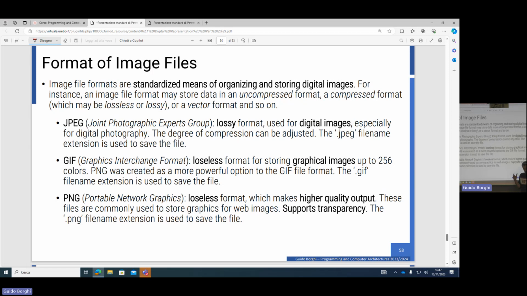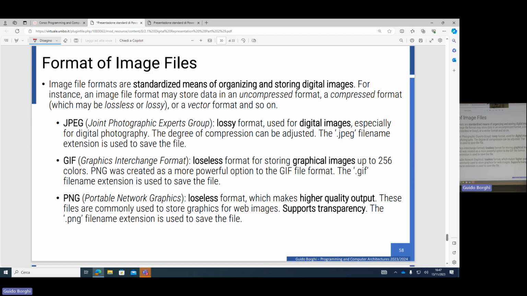So we compress the information, we shrink the dimension of the image, in 2 different ways, in a lossless way or in a lossy way. In lossless compression, we don't lose information, while with lossy compression, we lose information.